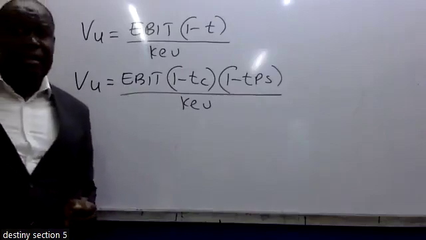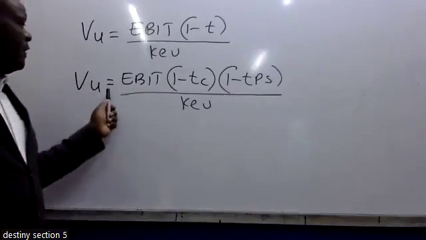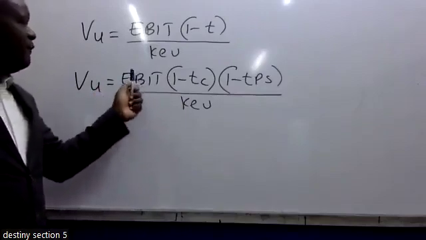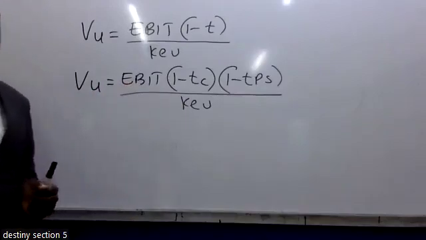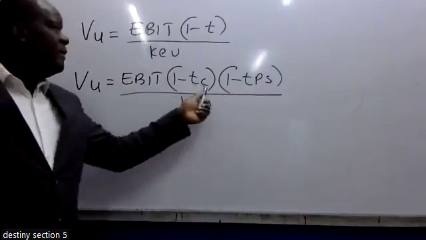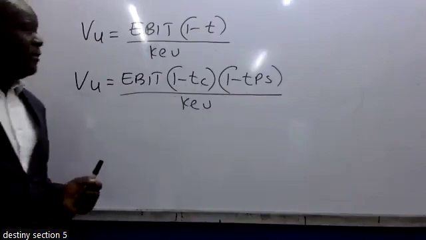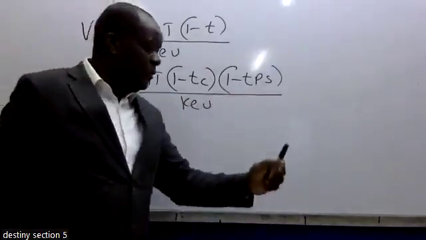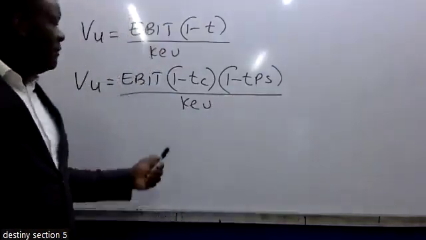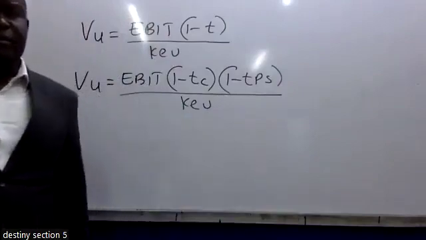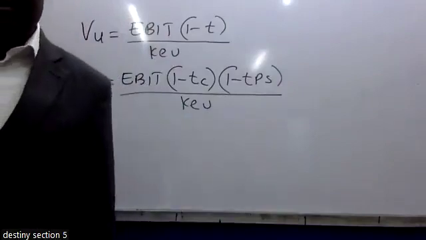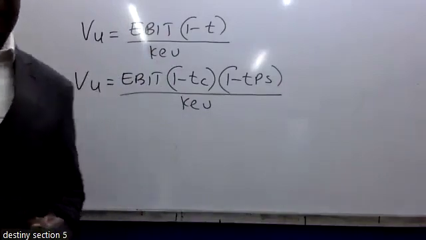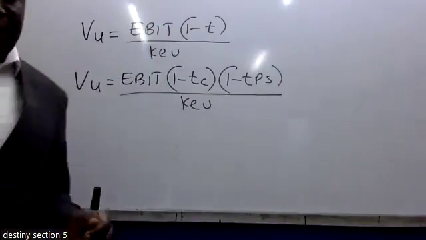So when you want to calculate the value for unlevered, it will be equal to earnings before interest and tax in the brackets of 1 minus the corporate tax, then also 1 minus the personal tax rate on the common stock income. Then we divide by KEU. So that is how we shall be calculating the value of the unlevered farm.